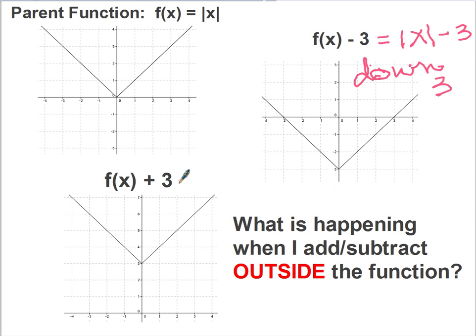Now, what do you think is going to happen when I add 3 outside the function? So outside the function means I'm going to take f of x, which was the absolute value of x, and outside the function I'm going to add 3. This is what it looks like as an equation. Let's take a look at what that does on our graph.